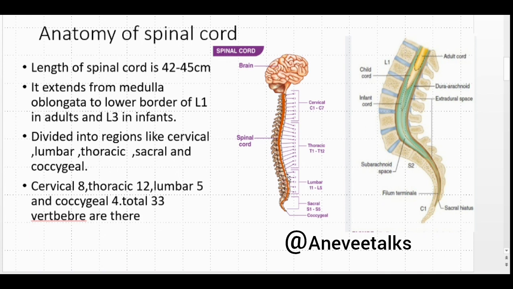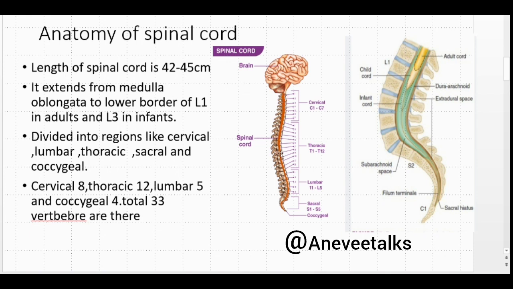If you look at only the lumbar part, in adults this orange colored structure ends at the L1 vertebra. But in children or infants, it will end at L2 or L3. So it extends from the medulla oblongata and ends at L1 in adults and L3 in infants.